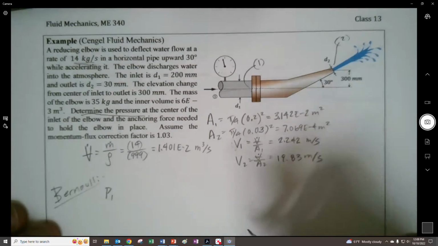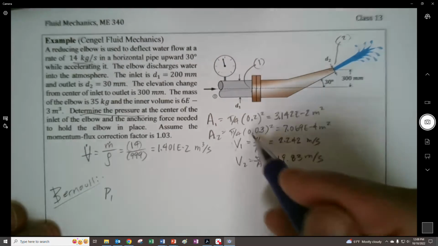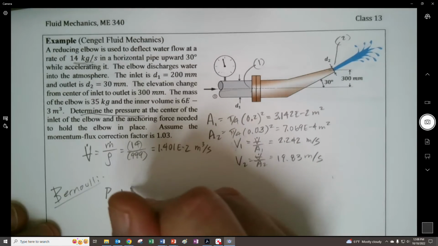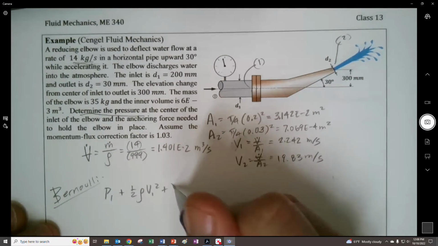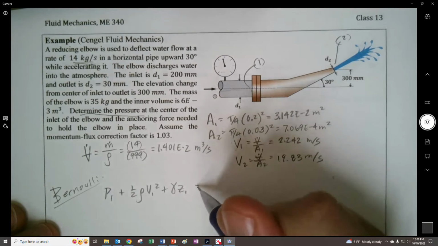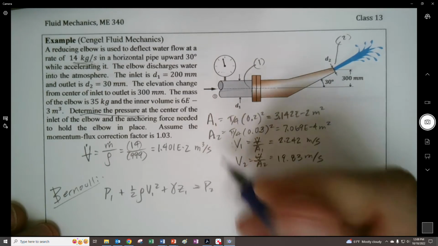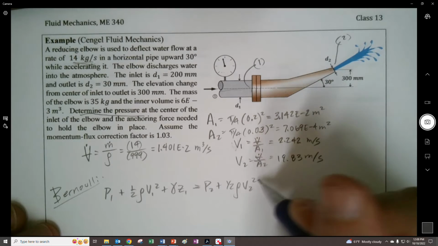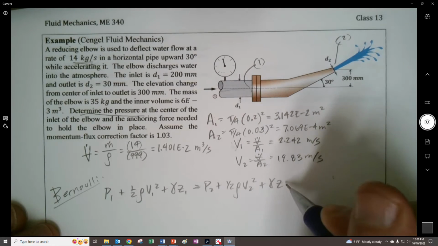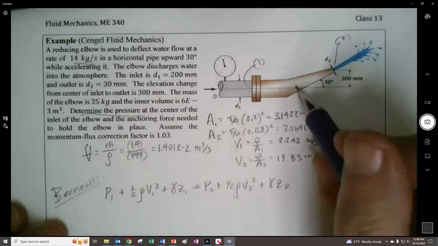I guess we already did because we got the areas and the velocities. So we get P1 plus 1/2 rho V1 squared plus gamma z1 is going to be equal to P2 plus 1/2 rho V2 squared plus gamma z2. Let's call this the datum.